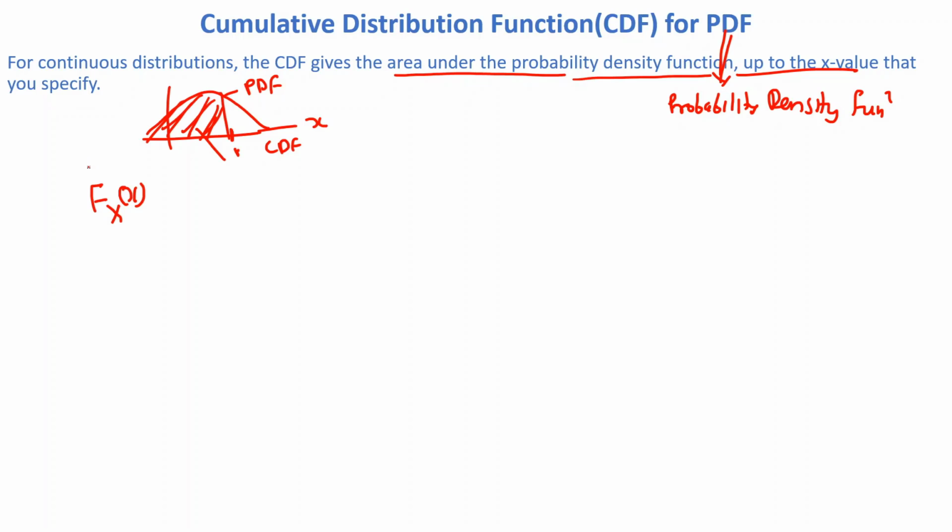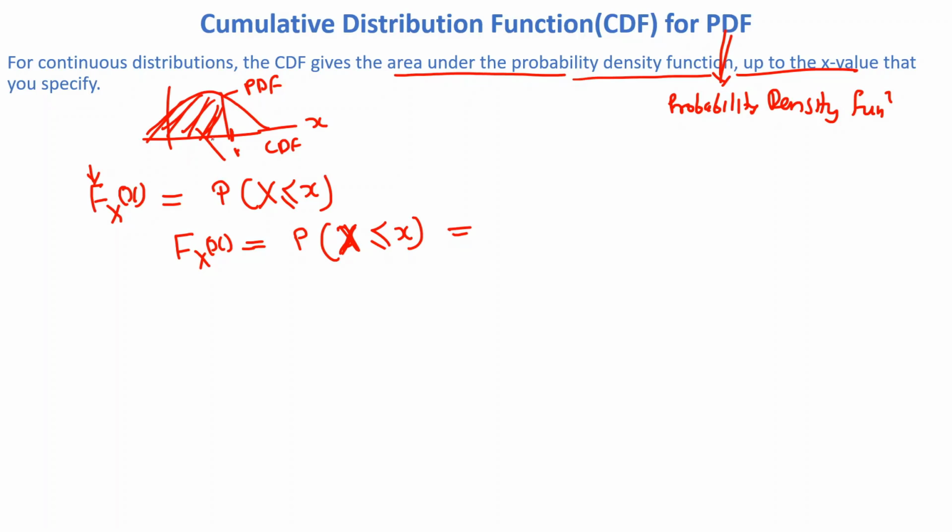The cumulative distribution function we denote using capital F. So F of x is equal to the probability that the random variable's outcome is less than or equal to this particular value. We can also denote it like this: F of x is equal to the probability of X less than or equal to x.